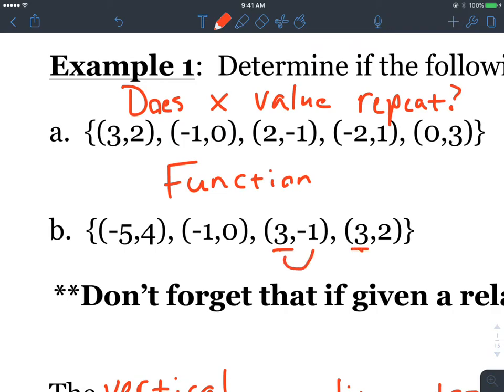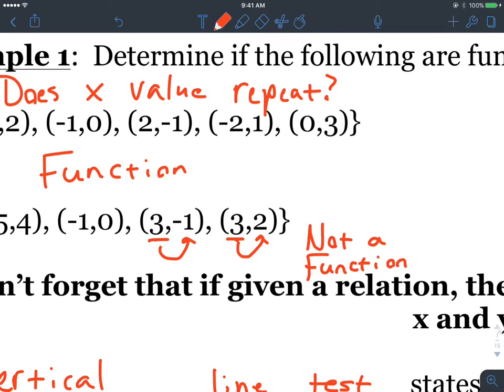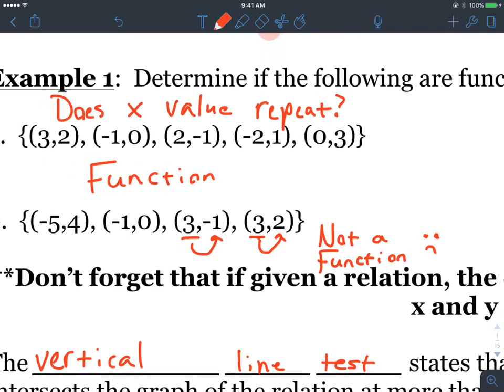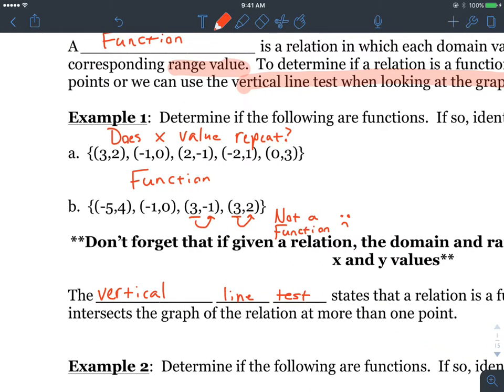And what messes this up here is 3 has two different output values. 3 goes to -1 and 3 goes to -2. So this one is not a function. Alright, and that's, once again, ask yourself, does x repeat? And if it does, does it go to different y values? So by the definition of a function, that second set right there is not a function.